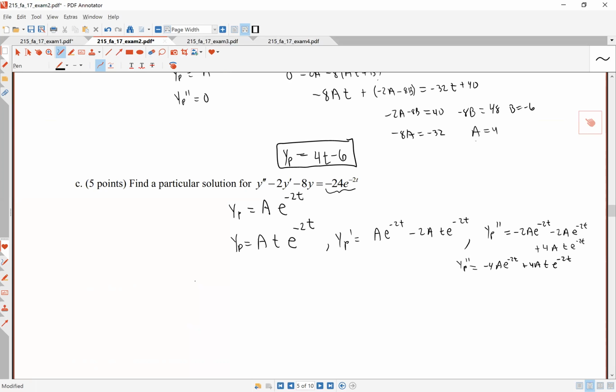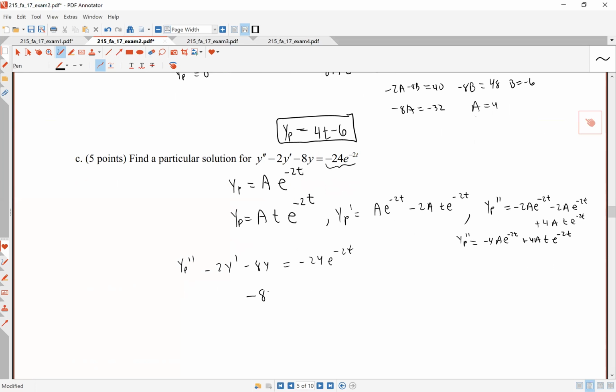All right, plugging all that stuff in there. Yp double prime minus 2y prime minus 8y equals negative 24 e to the negative 2t. Minus 8y is minus 8a t e to the negative 2t.